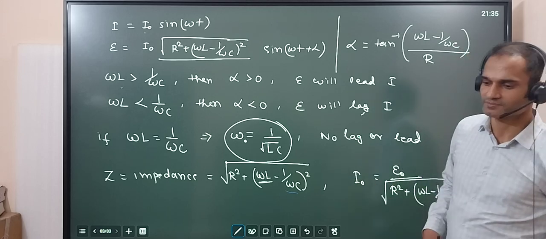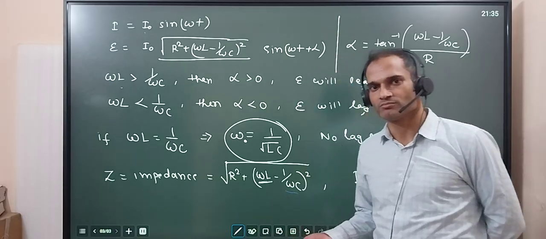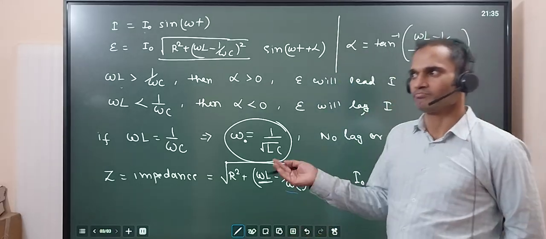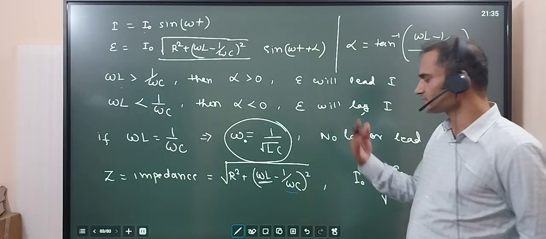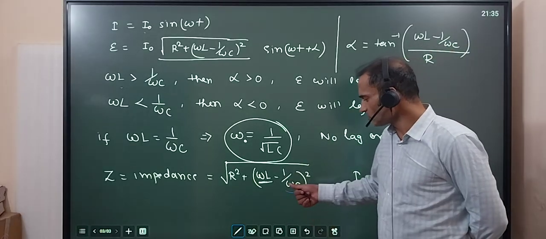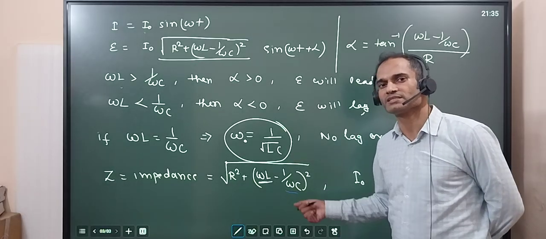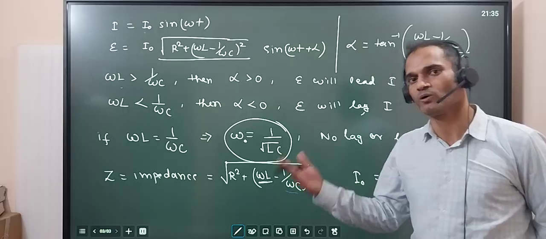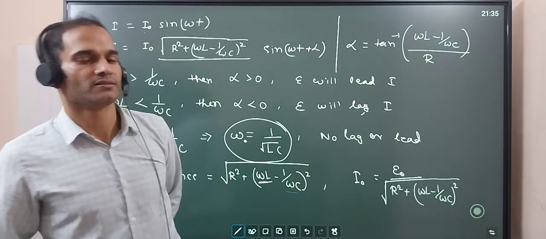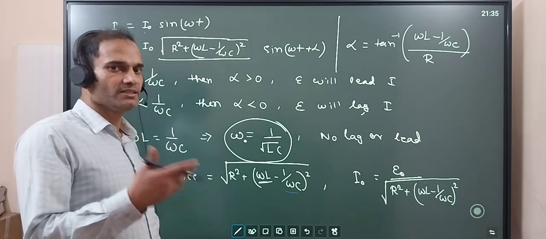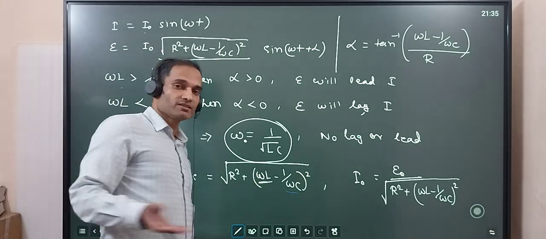For example, for DC, omega is 0 and there is no back and forth motion of charges. The capacitor will block the flow of current in DC; finally it will get charged and then block, while the inductor will not block.